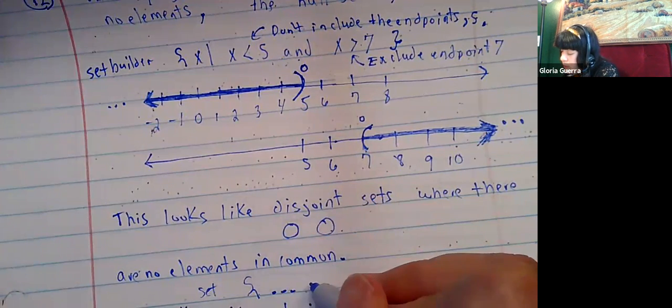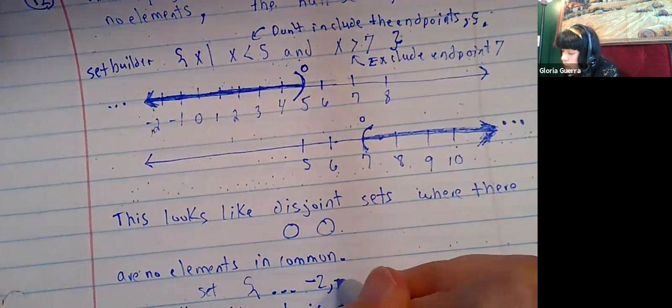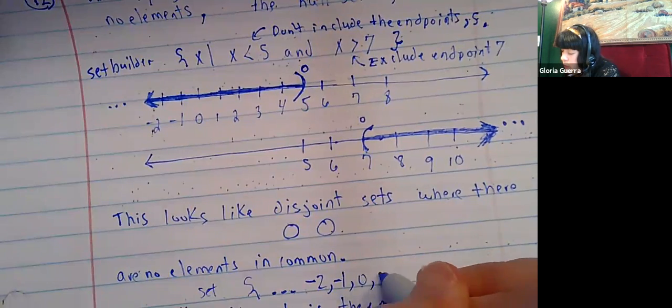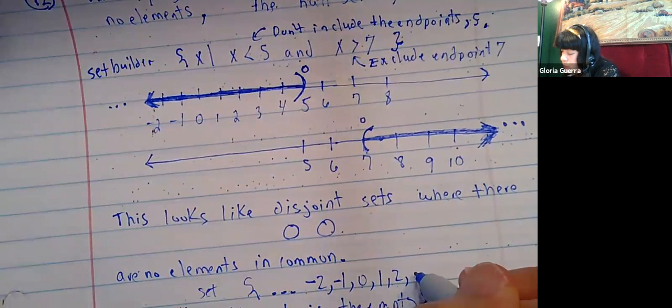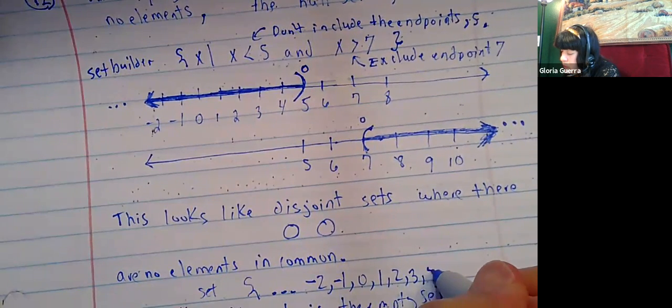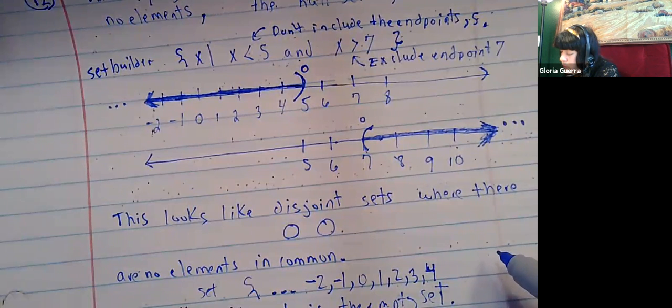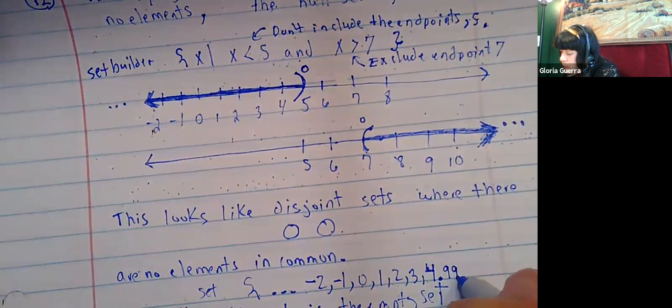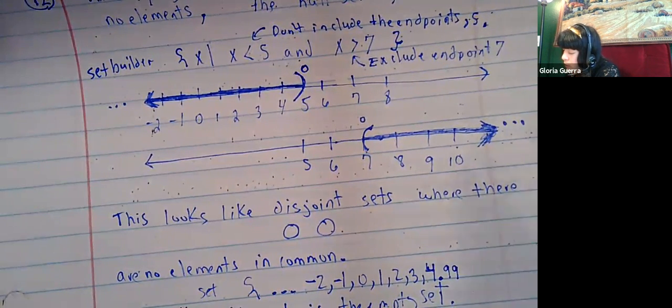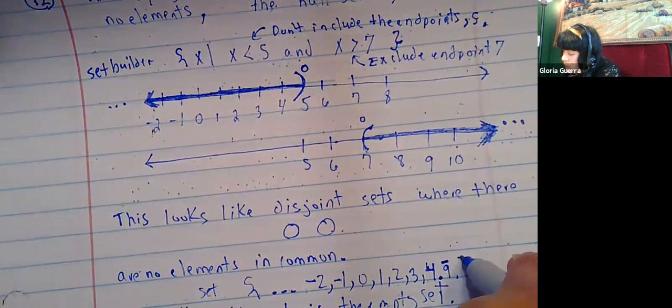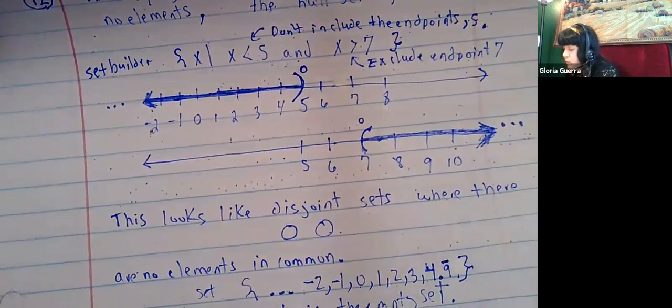If you want to write like -2, -1, 0, 1, 2, 3, 4, and really it's like 4.999, repeating 9s. So that's the idea. So you got that set.